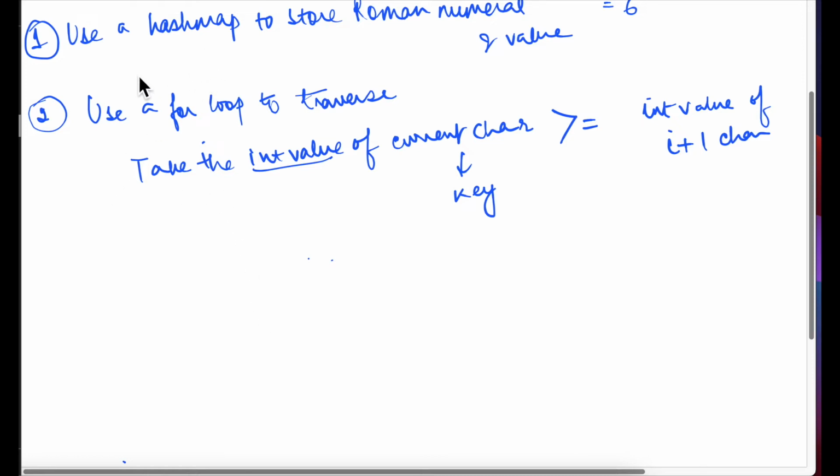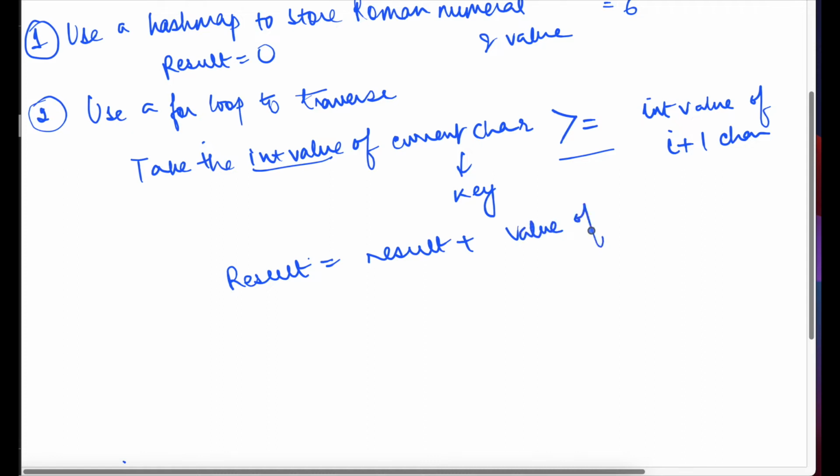we'll take one result variable to store the integer value of that. Say result equals 0. So if this condition is satisfied, then we'll do result equals result plus the value of that current character.